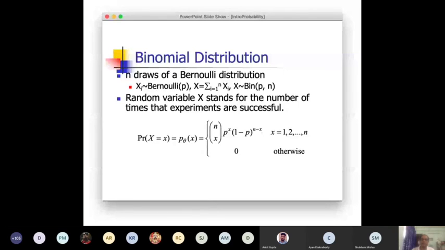The random variable x stands for the number of successes, and you can compute the expectation of x. You can do the algebraic manipulation and find that the expectation of x equals n times p, which intuitively also makes sense.